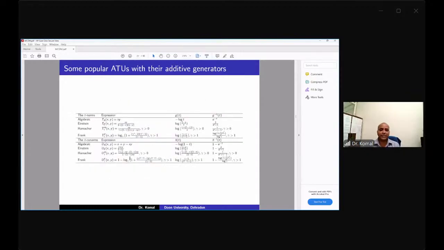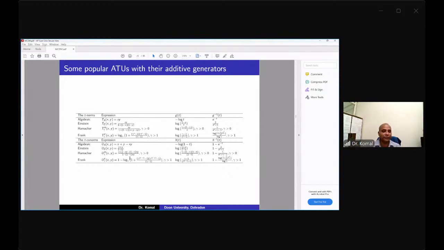Now, based on these generators, we can generate different types of T-norms and T-conorms. Here I am listing only 4 T-norms and T-conorms. First one is the algebraic, and the expression is given by T(x, y) is equal to xy, and its additive generator is minus log t, denoted by g(t), and in the last column we have denoted its inverse, e raised to the power minus t. Similarly, we can generate Einstein, Hamacher, and Frank T-norms.